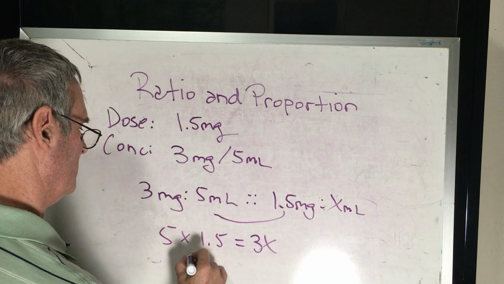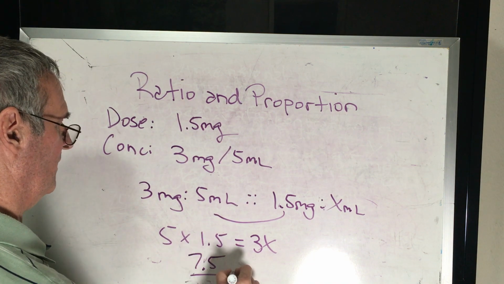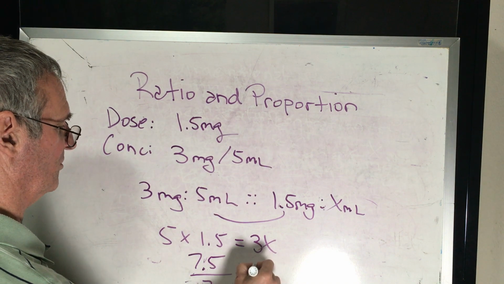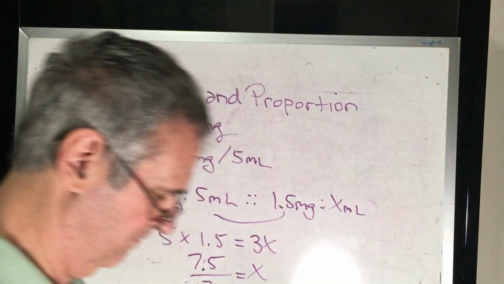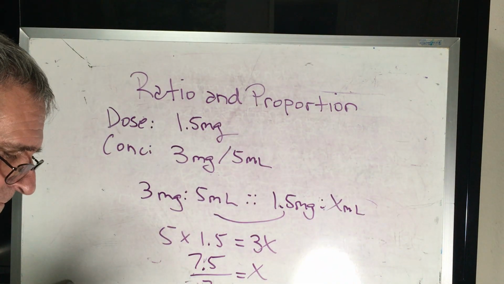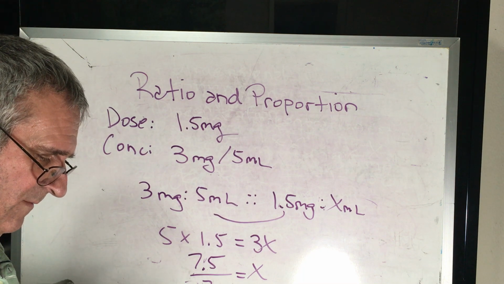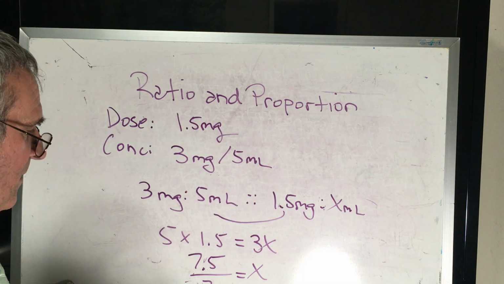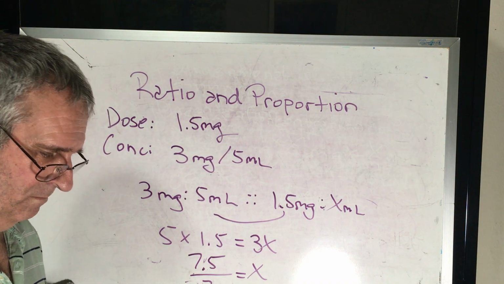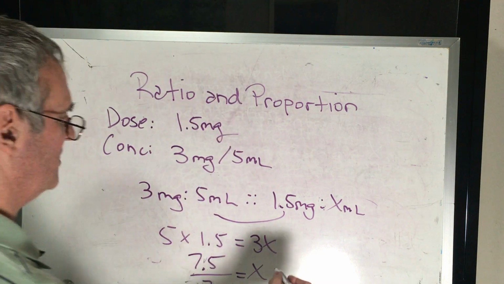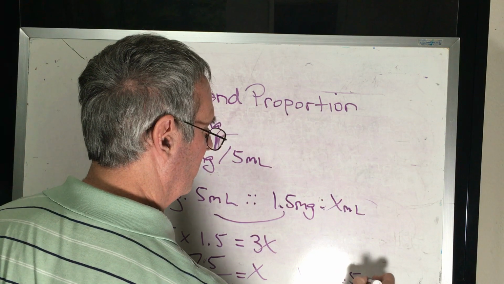So 7.5 divided by 3 is equal to X. Let's just see what that turns out to be. 7.5 divided by 3 is 2.5. So X is going to be equal to 2.5 mLs.